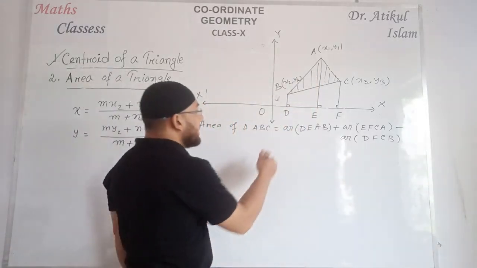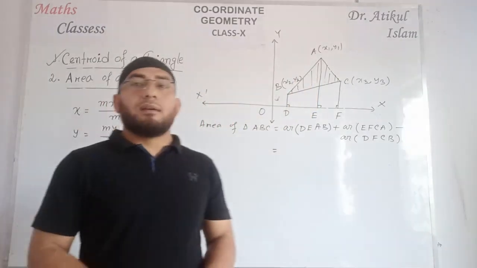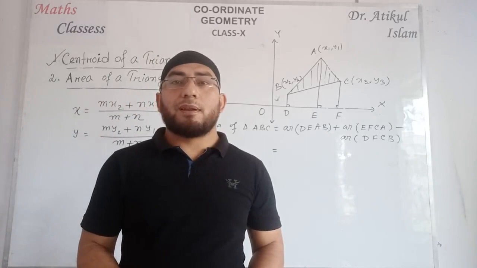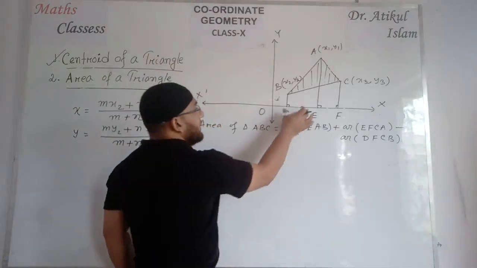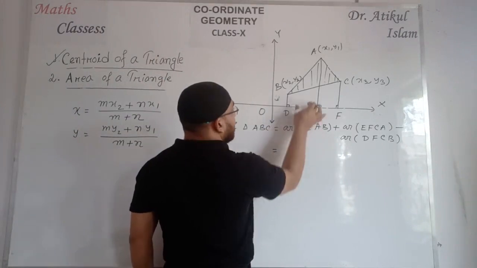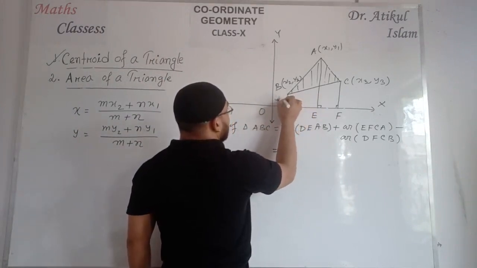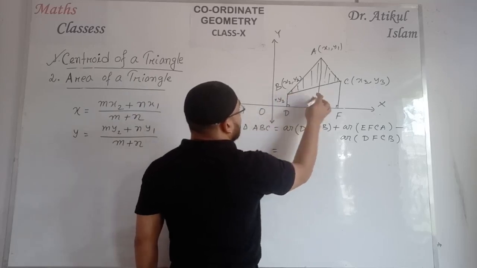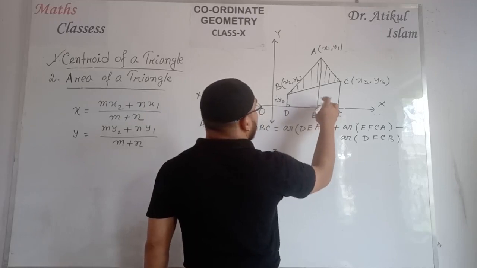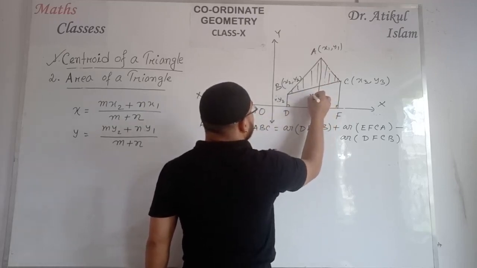So we know that the area of a trapezium is half into the sum of parallel sides into height. In the case of trapezium DEAB, BD is y2 and AE is y1.